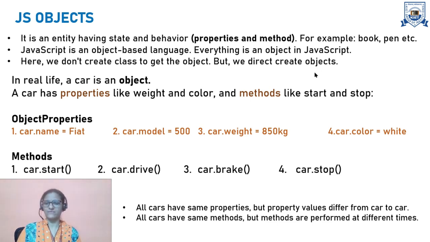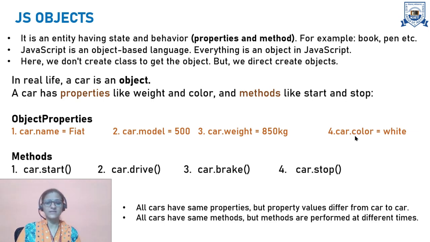In real life, a car is an object. A car has properties like its weight and its color, and it has different methods. Method means behavior, like the start of the car and the stop of the car. So they are the behavior, which is provided with the help of its methods. In this example of the car, the properties or the state of the car are car.name, car.model, its weight and its color.